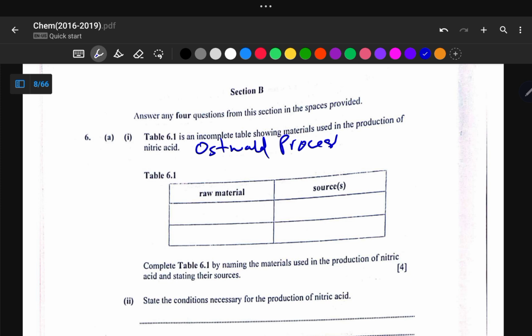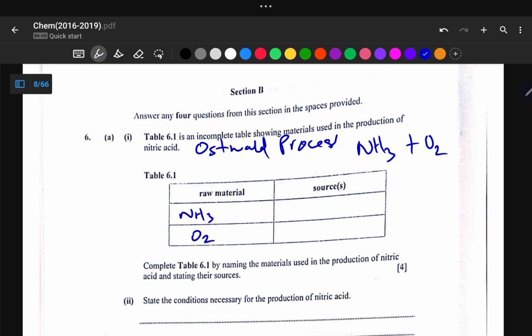right? So the Ostwald process is defined as the catalytic oxidation of ammonia. So it is catalytic, meaning it is done in the presence of a catalyst. Oxidation of ammonia, so this is ammonia plus oxygen for the oxidation process. So the raw materials are ammonia and then oxygen, right?